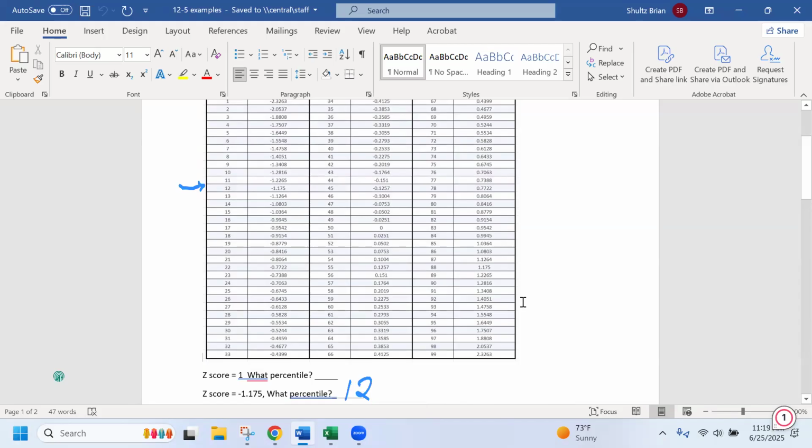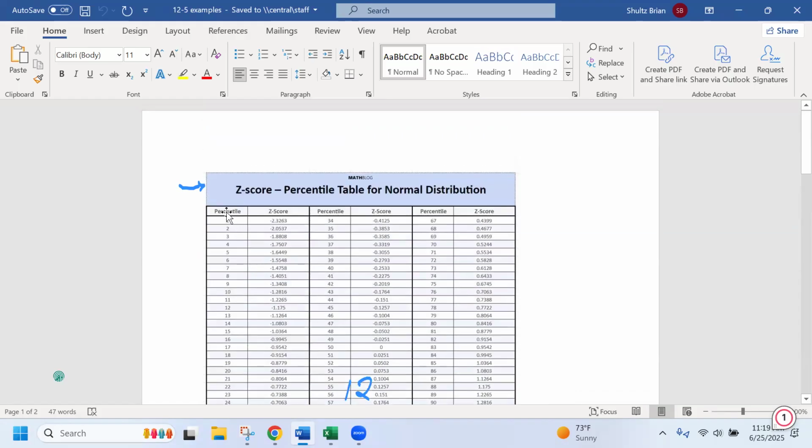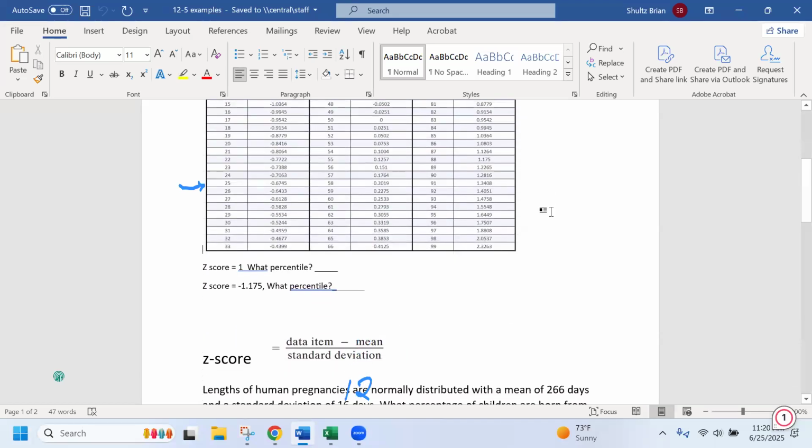So you just find the z-score on the table and apply it to the percentile, which is in the column next to it. Any problem on your homework will give you this table if you need it, or they'll give you a portion of the table.